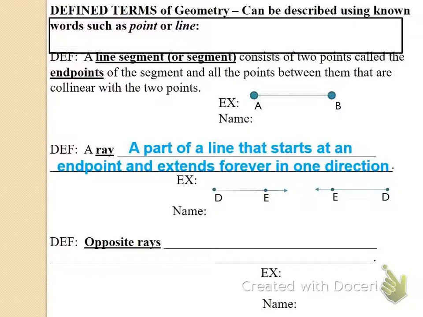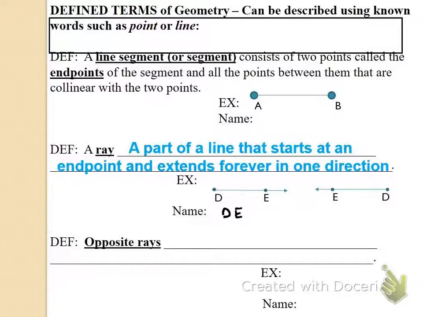So we need an endpoint and then a directional point to tell us which way the ray is going. Since those are the 2 characteristics that distinguish one ray from another, those are the things that we're going to use to name a ray, right? So we always start with the endpoint first. So we call this ray D, and then the directional point E. And then again, it's 2 letters, so we have to make sure that we differentiate between a ray, a segment, and a line.